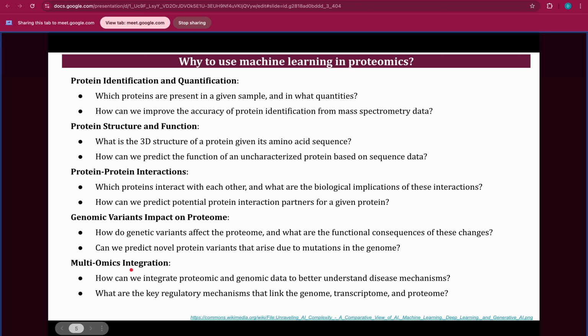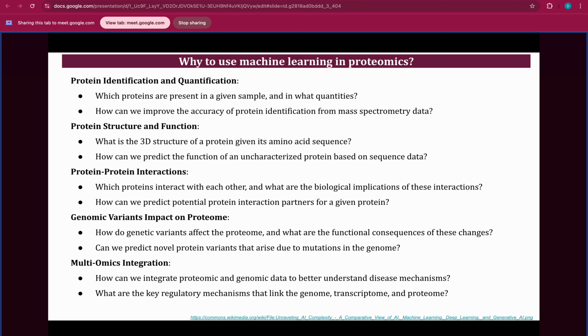Then if we talk about multiomics integration, proteogenomics is one of them. We can integrate proteomics and genomics to better understand disease mechanisms, because as we have seen in all previous sessions, the proteome is quite dynamic. By only looking at the proteome we cannot get that much information. And the genome information is quite static, while in different tissues different proteins are expressed, so we cannot rely on any one of them.